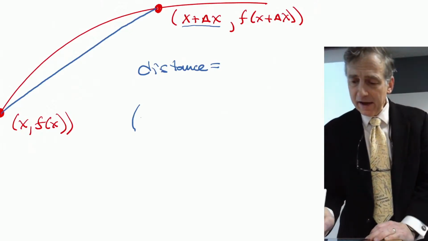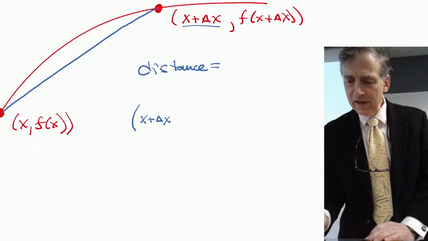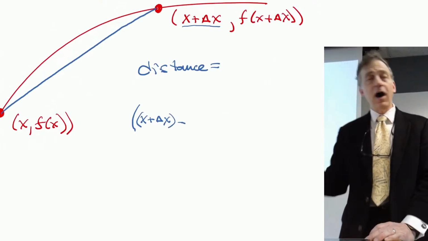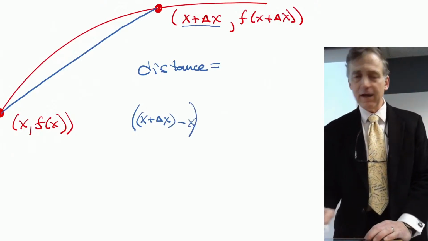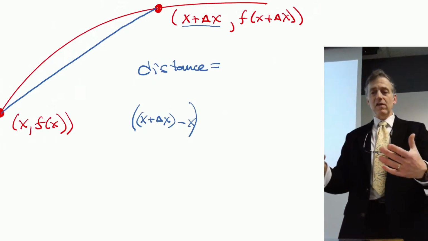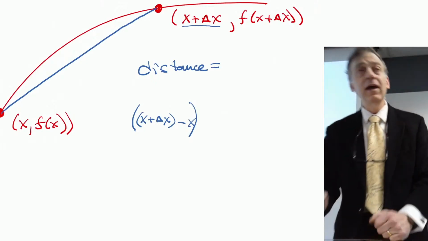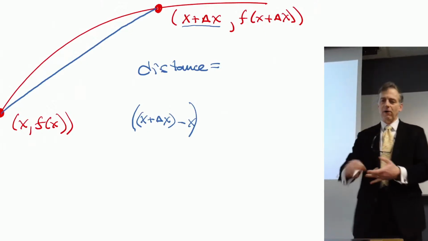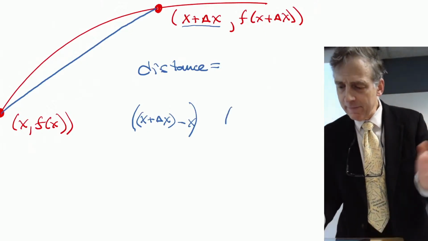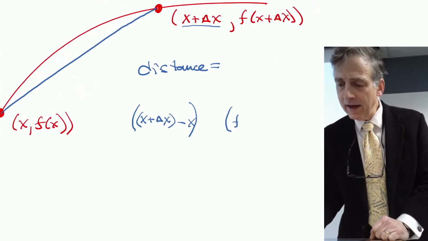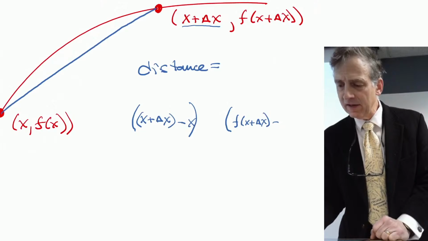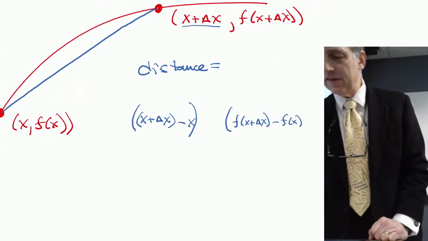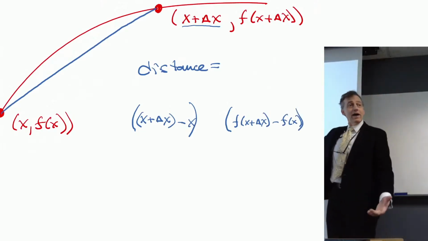I've got x plus delta x, and then I'm going to subtract off the other x value. Okay, very good. And then you want me to do the same thing with the y values, so I'll do that. And once again, probably with your distance formula, you're used to y2 minus y1, but I'm going to write it the way Ben suggested and do f of x plus delta x minus f of x. So that's the difference of those two y values.